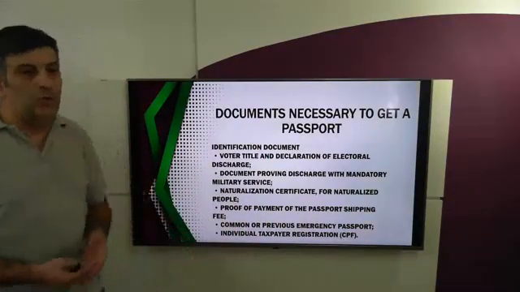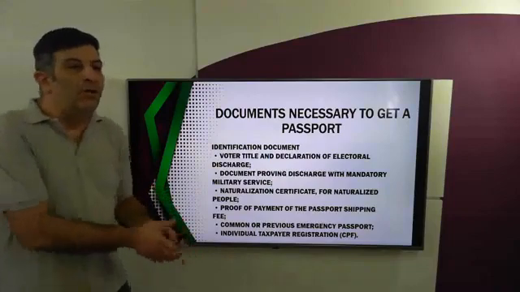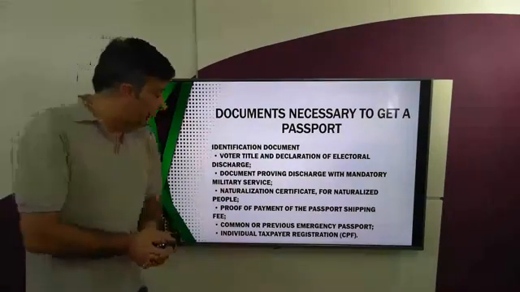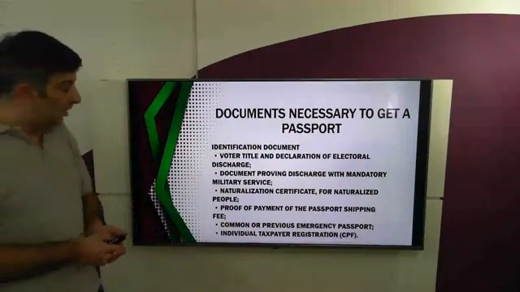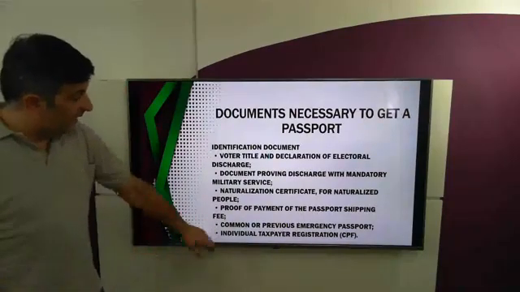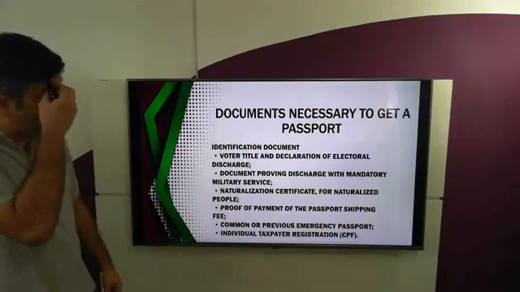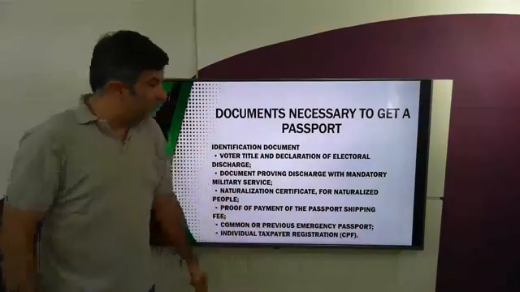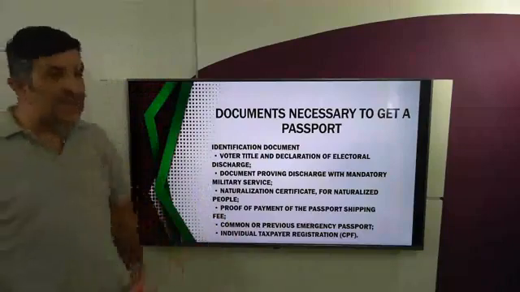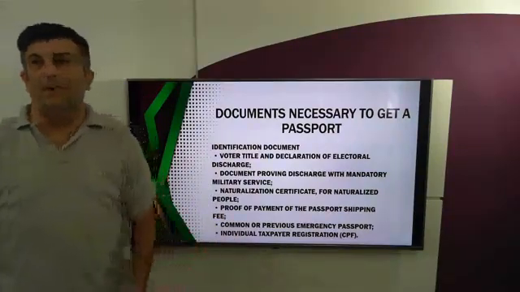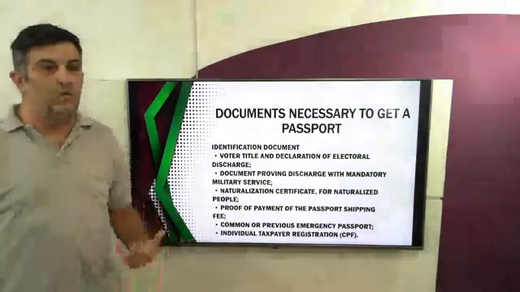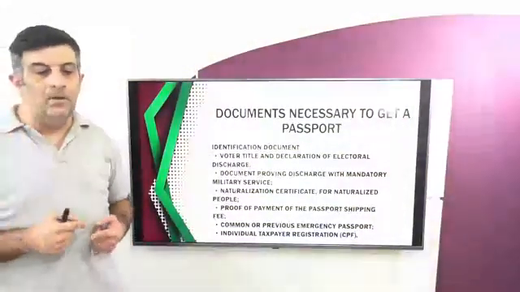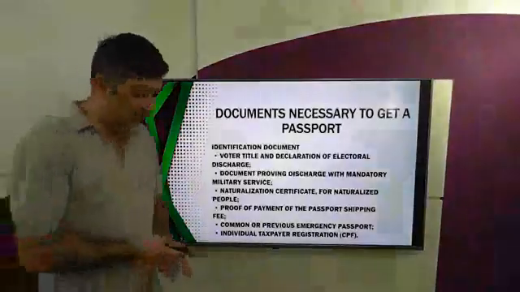Proof of payment of the passport shipping fee. Here you have to pay to issue this passport, okay? Later I will talk about the price of this payment. And the previous common or emergency passport. Individual tax registration. We can call this our CPF. It's a registration for people that is common in Brazil, okay?